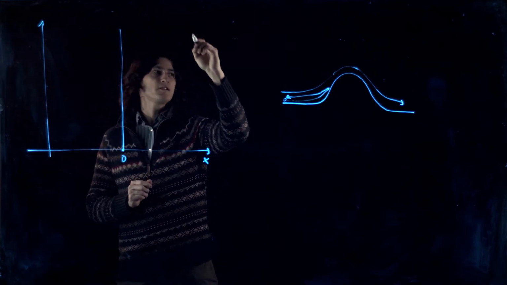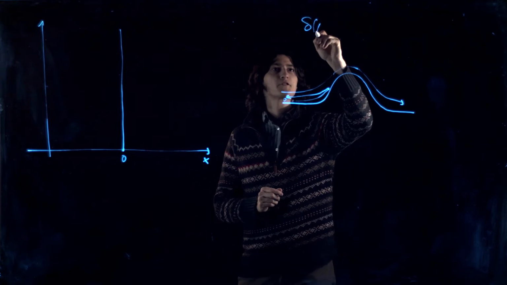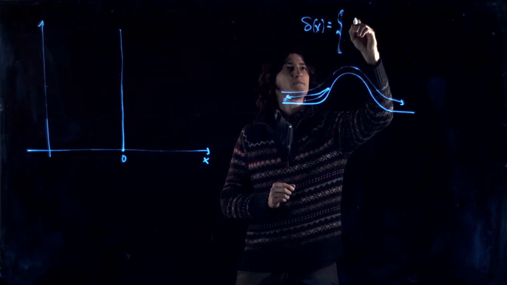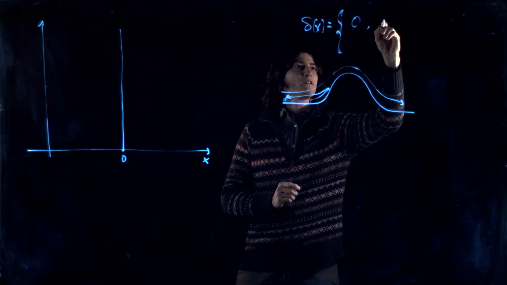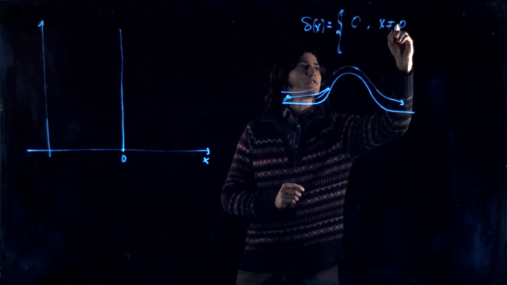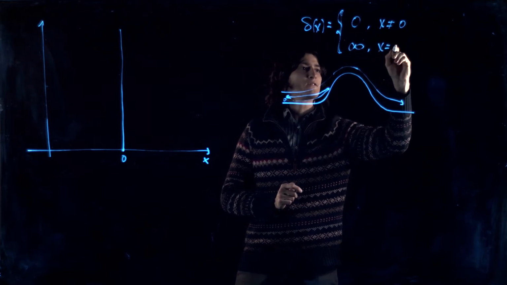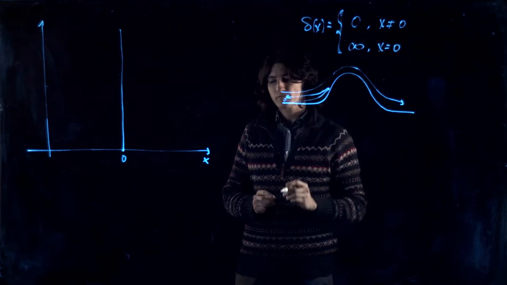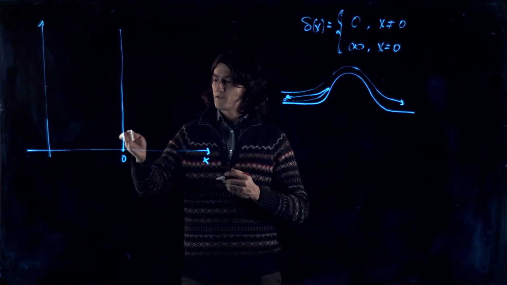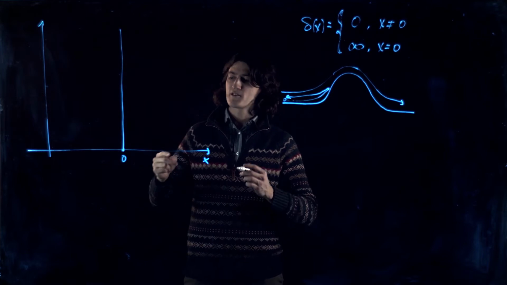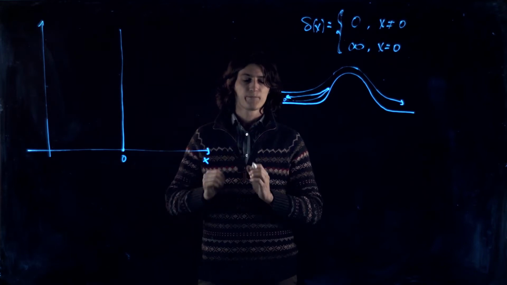So, the Dirac delta function is equal to 0 if x is not equal to 0, and equals infinity if x equals 0. So, the Dirac delta function presents an infinitely high but infinitely thin barrier.